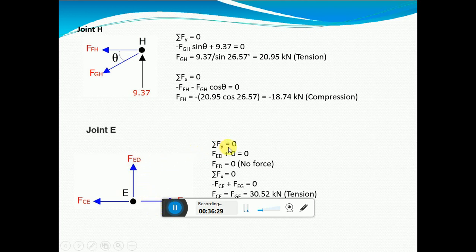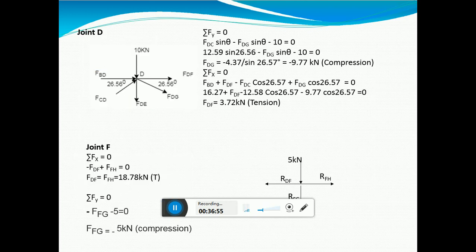Summation Fy is equal to 0. Only one force in the y direction, therefore FED is equal to 0. This is a no force member, a zero force member. Summation Fx is equal to 0: minus FCE plus FEG is equal to 0. Therefore FCE is equal to FGE, which is equal to 30.52 kilonewton in tension.